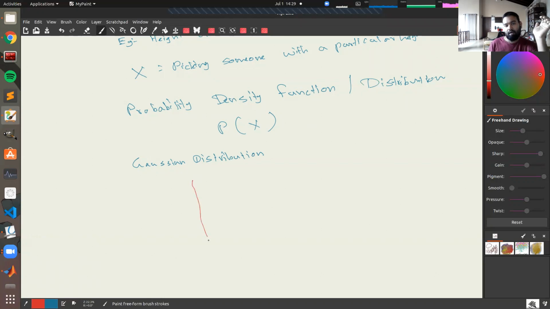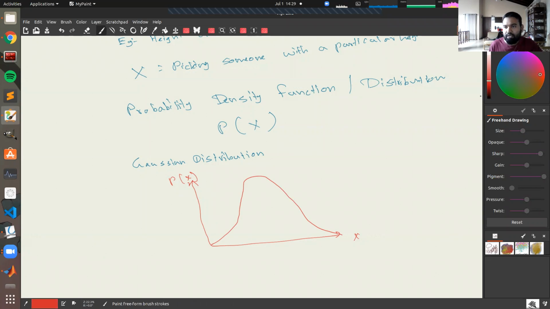So how our probability distribution for height, for the random variable x, will look something like this. I'm trying to draw it. So this is a Gaussian distribution, right?